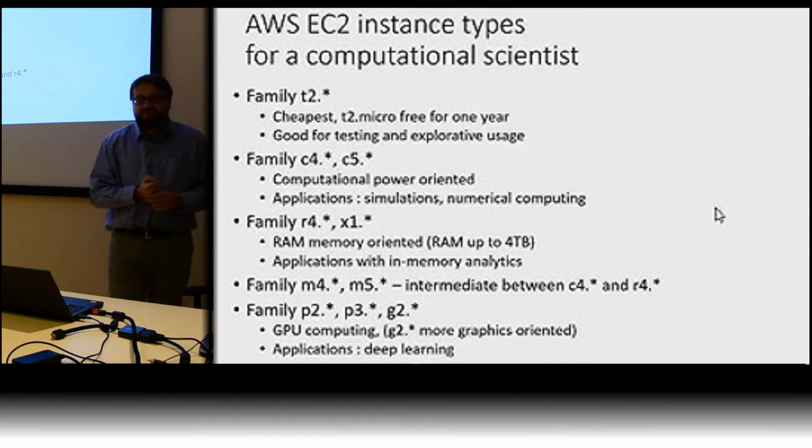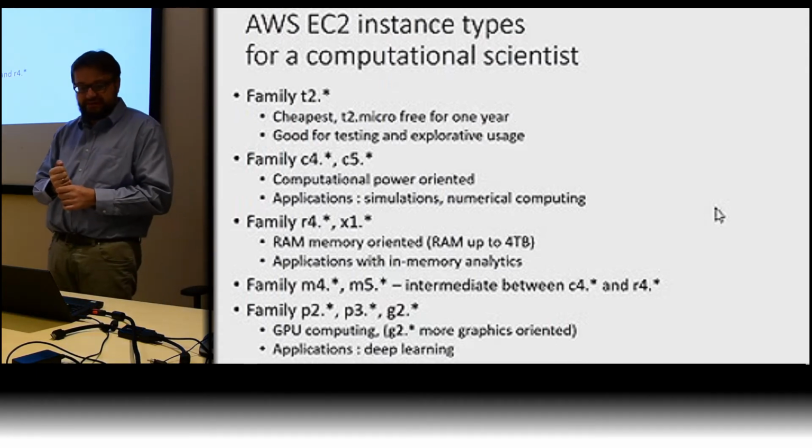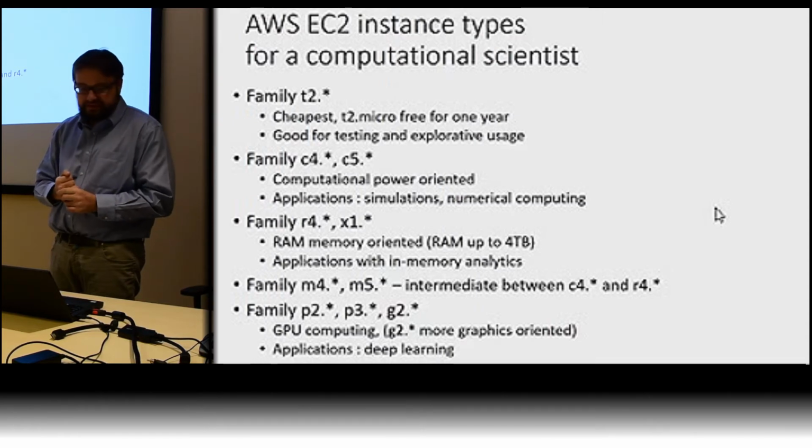Now we have C4 and C5 instances, and these are computationally intensive instances. They can come with up to 36 CPU cores. If I'm going to run numerical simulations in Julia and I do not know what type of instance to use, this is my first choice.